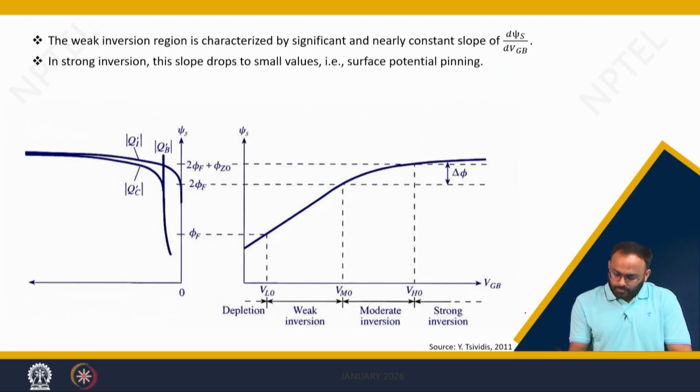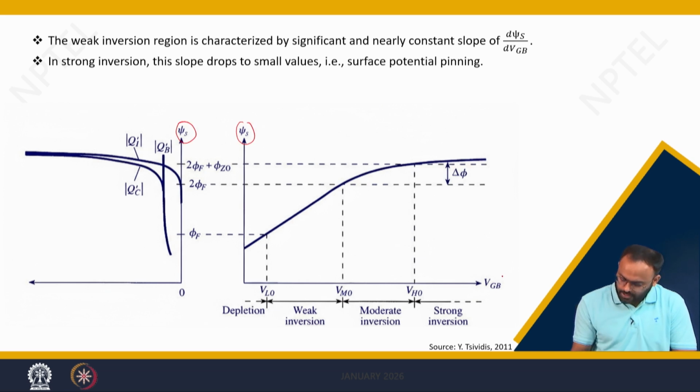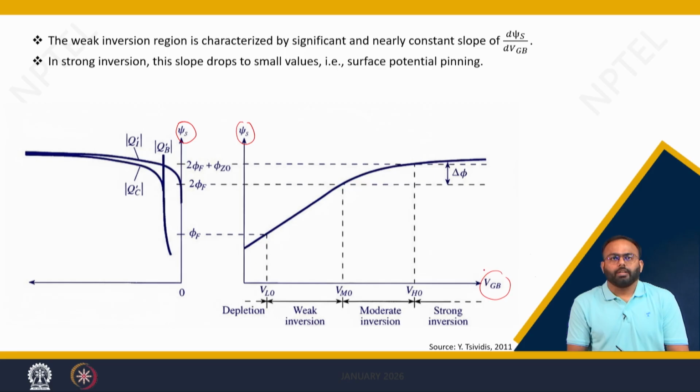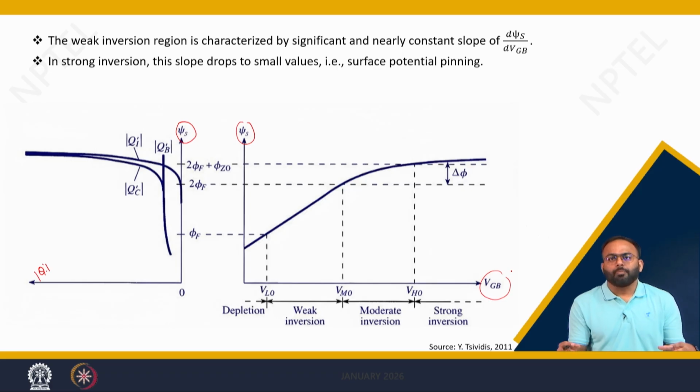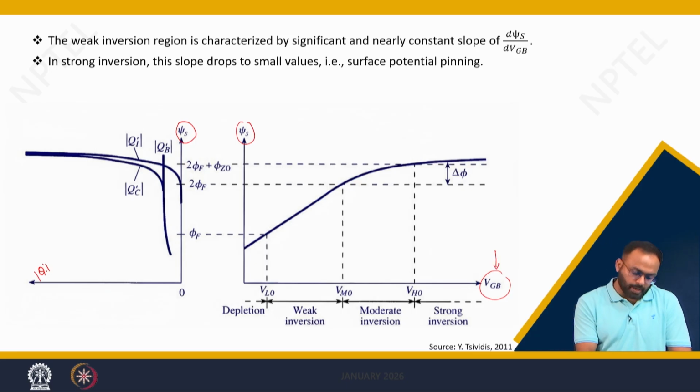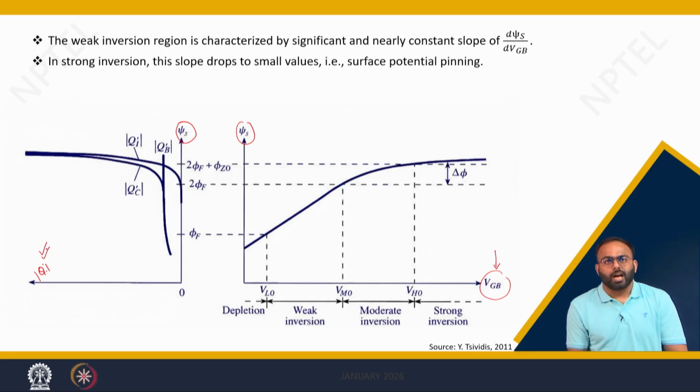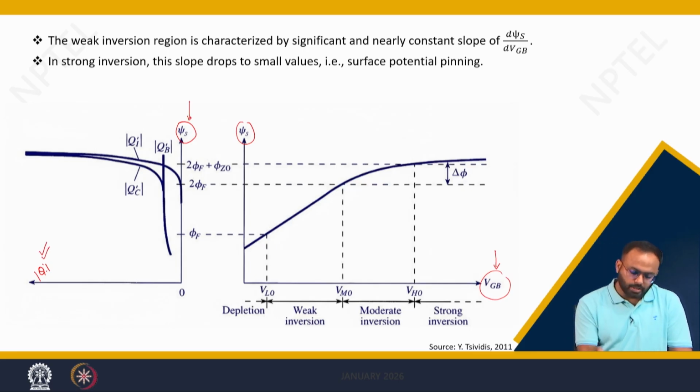Now, if we relate the previous graphs which were plotted between surface potential and the mod of total charge, and the surface potential and the applied voltage, this will give you a complete solution, because the ultimate goal is how my surface potential reacts with the applied gate voltage and correspondingly how my surface charge responds to this surface potential.